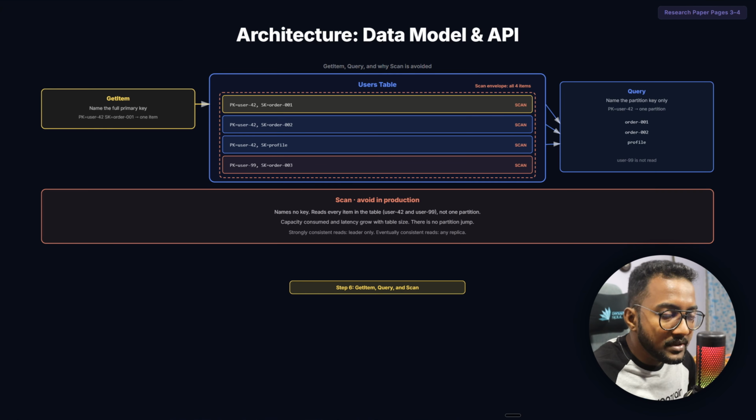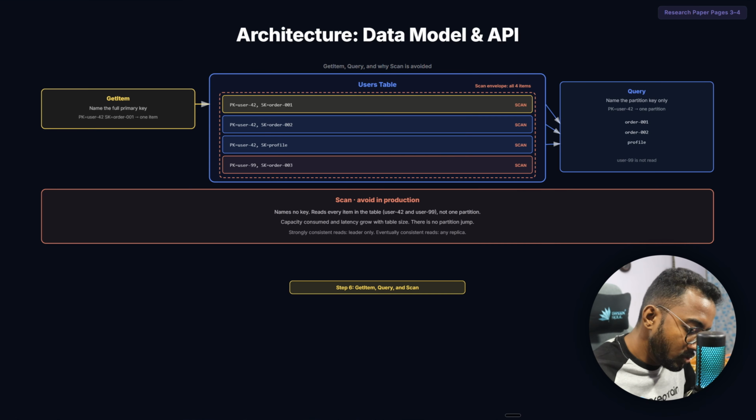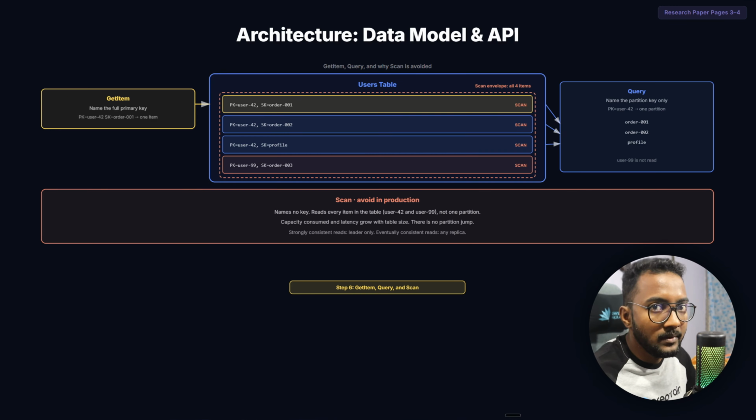But there is one more operation called scan. In a scan, you don't name any key, and it walks all the items in the table, finds the relevant ones that need to be returned, and accordingly you get the data.